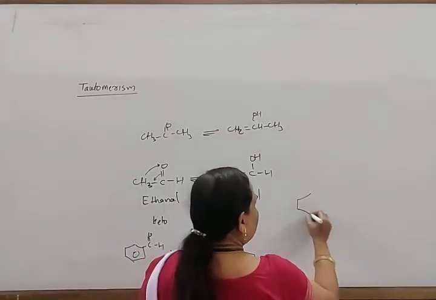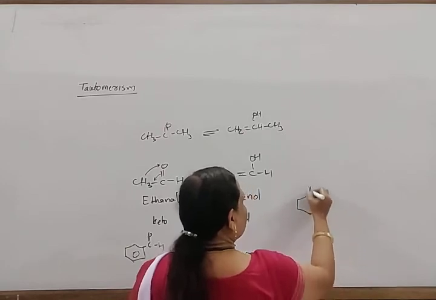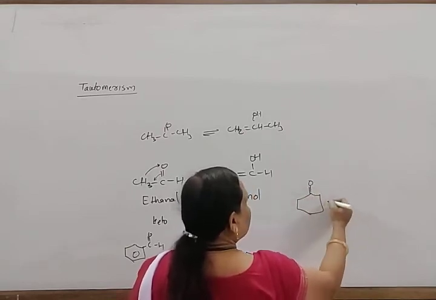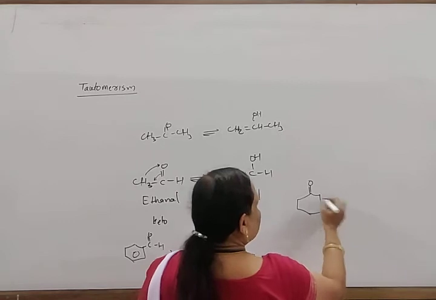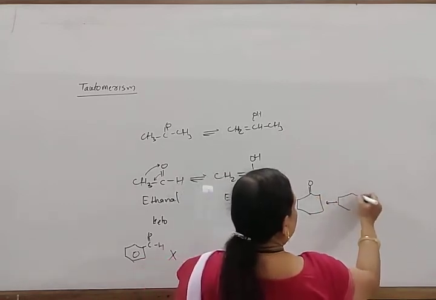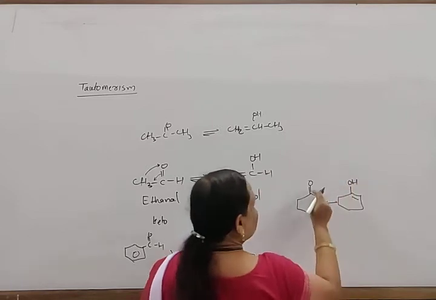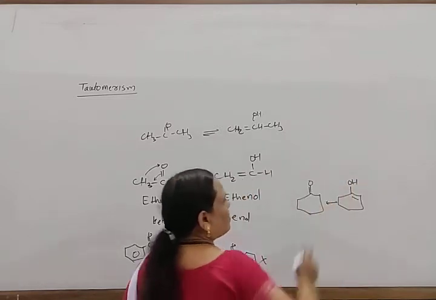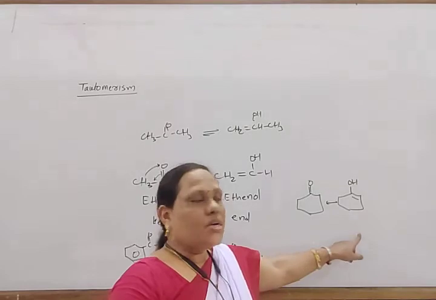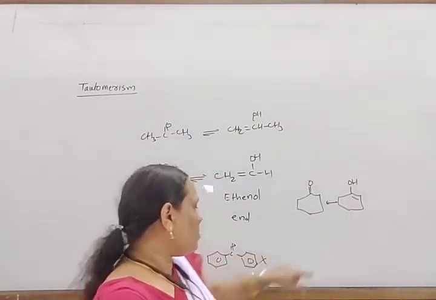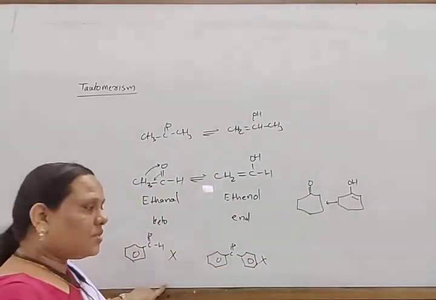But if cyclohexanone is given, in this case tautomerism is possible. The tautomer of this species has the double bond and the OH. One bond comes here, hydrogen comes here. This is the enol form, and this is the keto form.